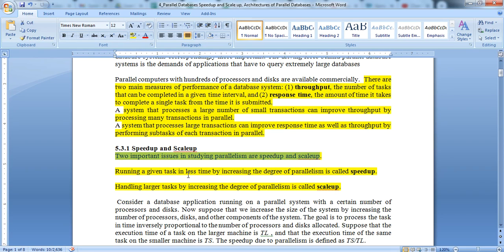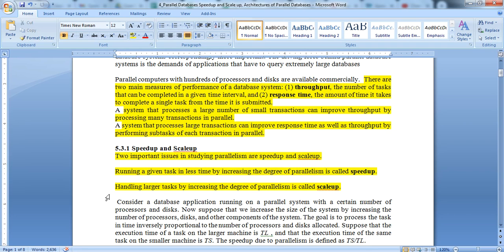Running a given task in less time by increasing the degree of parallelism is called speed up. One task is executed with more parallel resources, and it completes in less time.